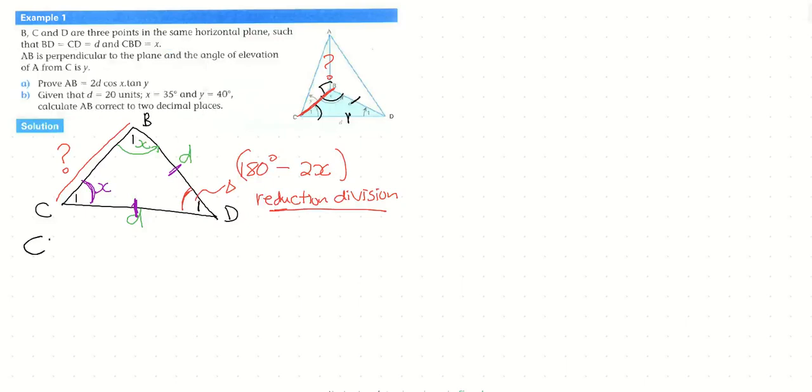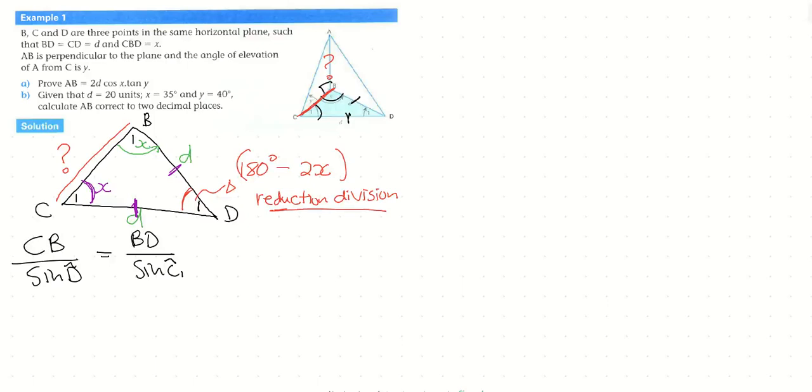So we're going to go CB or BC over sine D is equal to, and I can choose either side. It doesn't matter which side I'm choosing. I'm just going to choose any one of these sides. I'm going to go BD over sine C1.